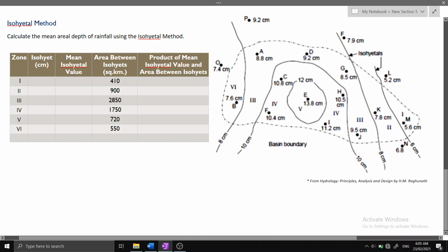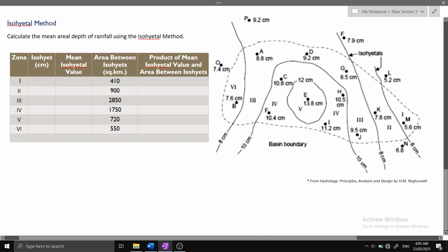This one is 10, and this line here is 12, and so on. So also these dots are the different stations with the rain gauges.